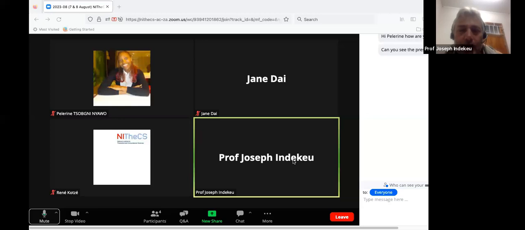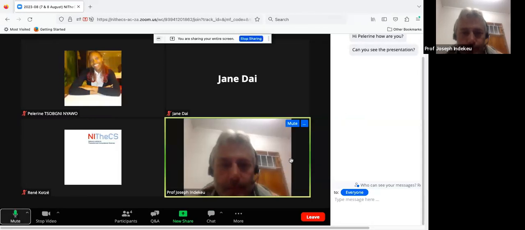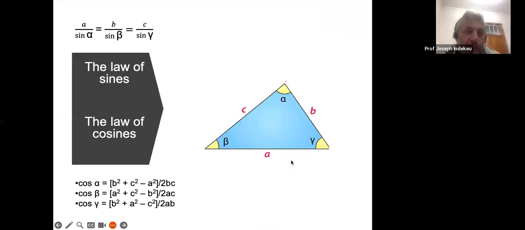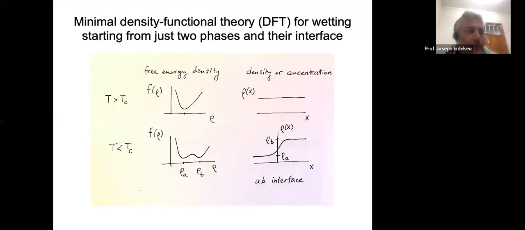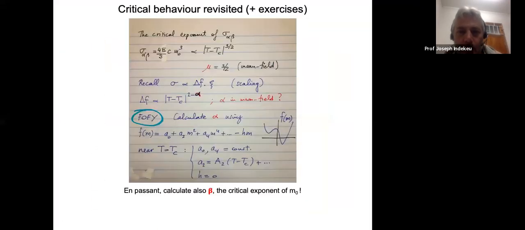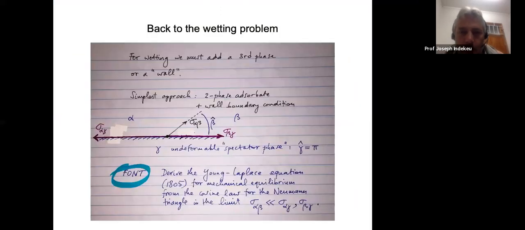So that will entail the situation that the third phase is actually having an angle of pi, okay? And that will simplify our considerations here. So we consider the third phase as being undeformable. It's also called spectator phase. And then this angle gamma hat is equal to pi.